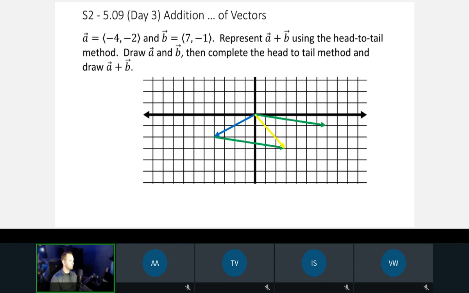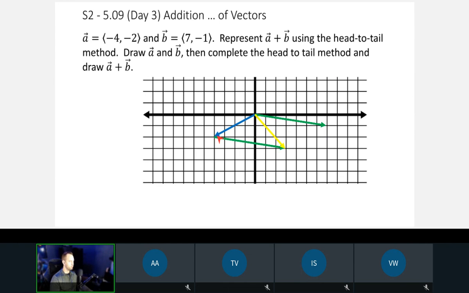All right, for this one, it wants you to graph both vectors, your a vector and b vector, and then it wants you to do the head to tail method. So b is second, so we just draw it. Was this over 7 and then down 1?